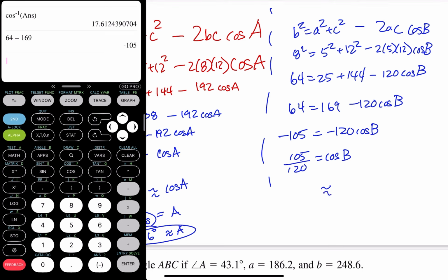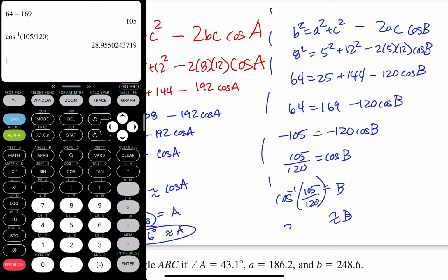So to find out what B is, we just take the cosine inverse of 105 over 120. So cosine inverse of 105 divided by 120. Make sure you close parentheses. And you get approximately 28.96 degrees.